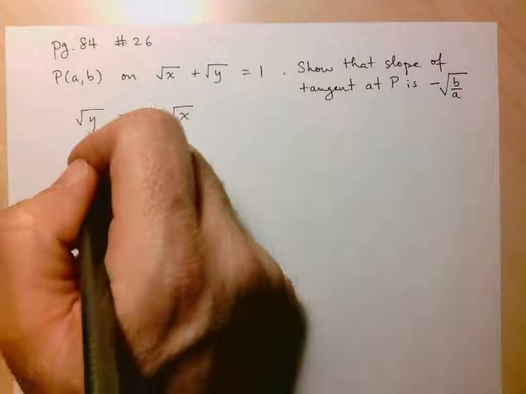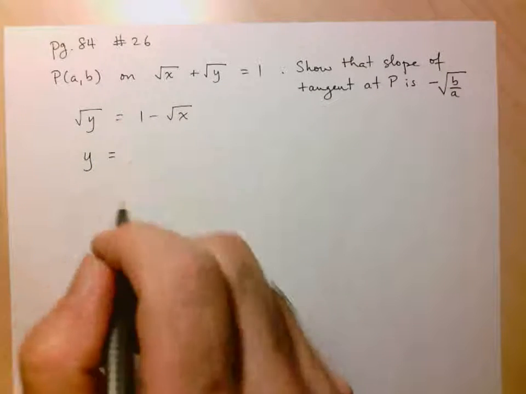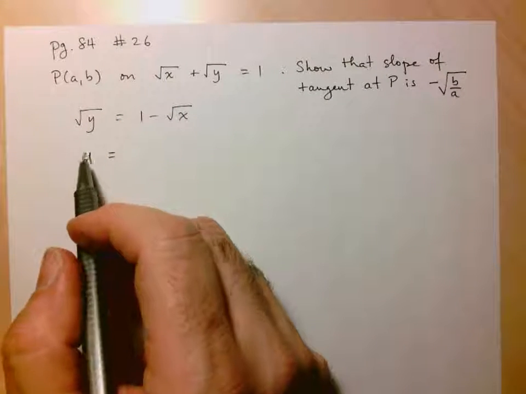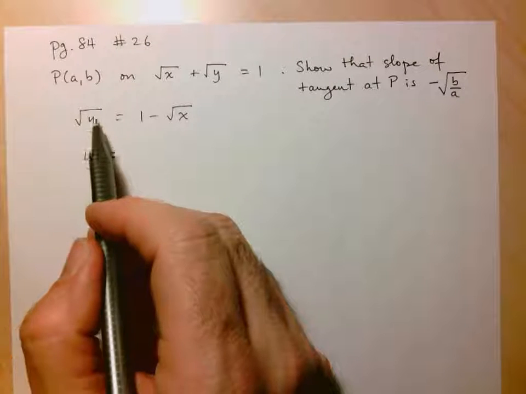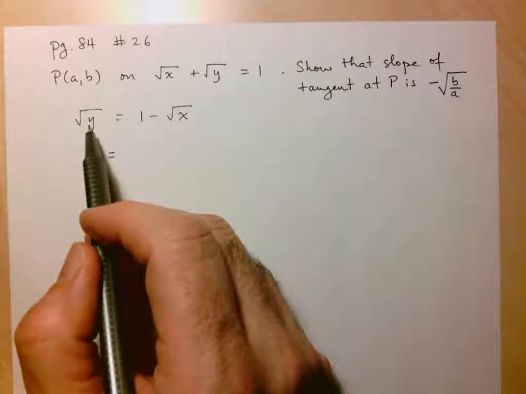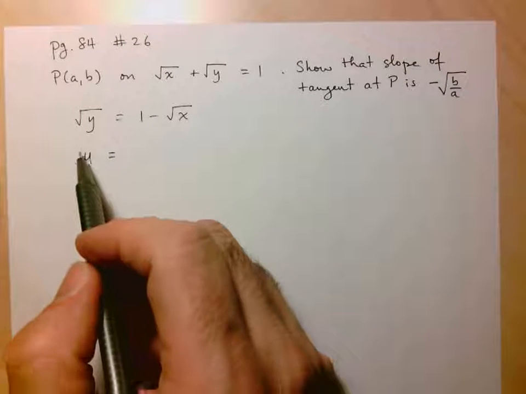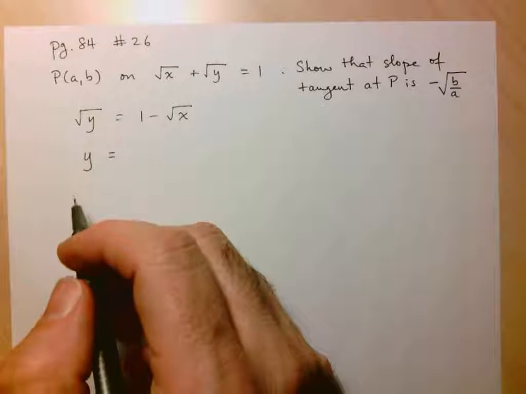If I square both sides, I end up with y here. Of course, when I do this, I have to keep in mind my restriction on y. Remember, y had to be greater than or equal to 0. Here you don't see that restriction anymore, so we keep that in mind.